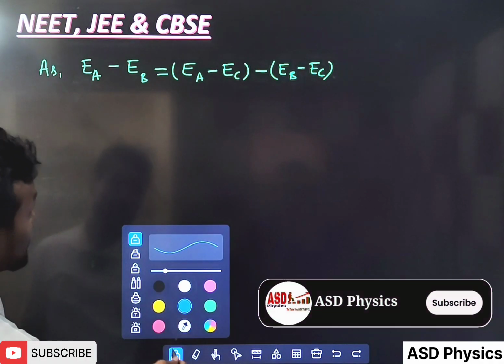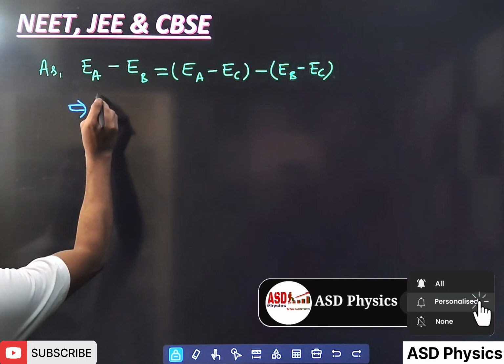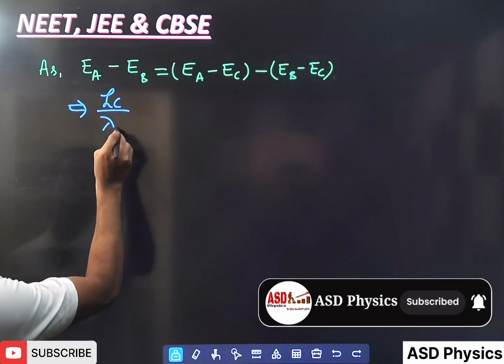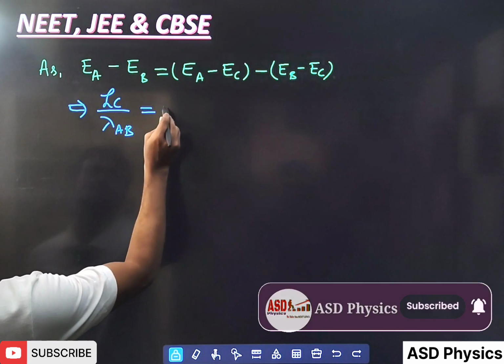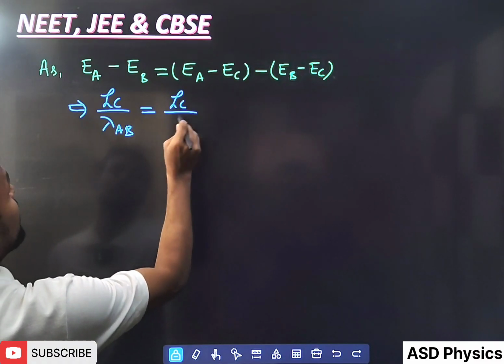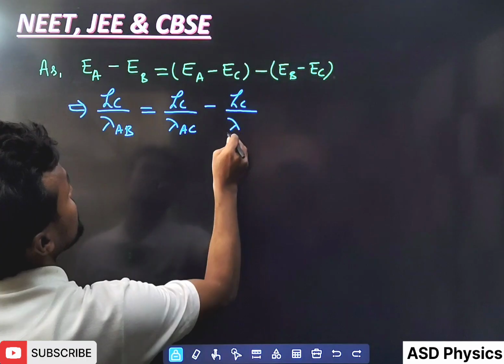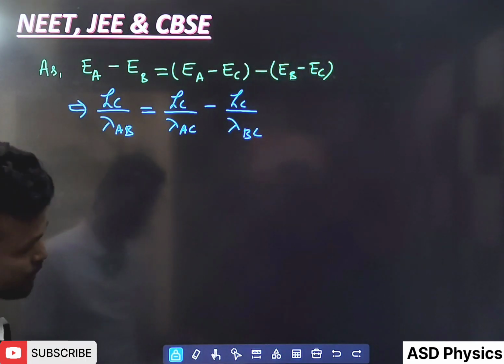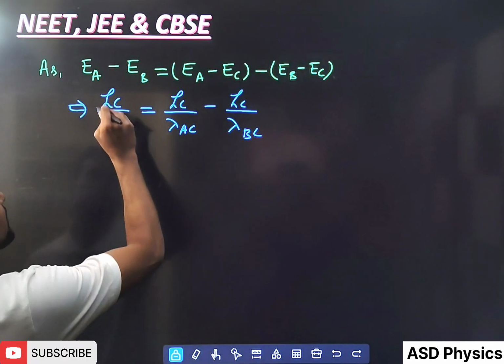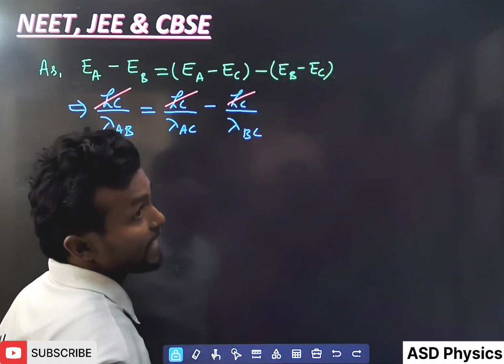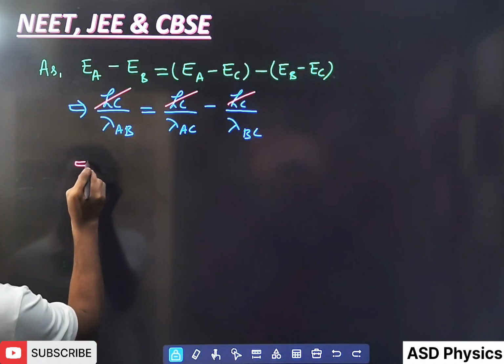So hc by lambda AB is equal to hc by lambda AC minus hc by lambda BC. Both sides, hc cancels out. So we have got one equation.